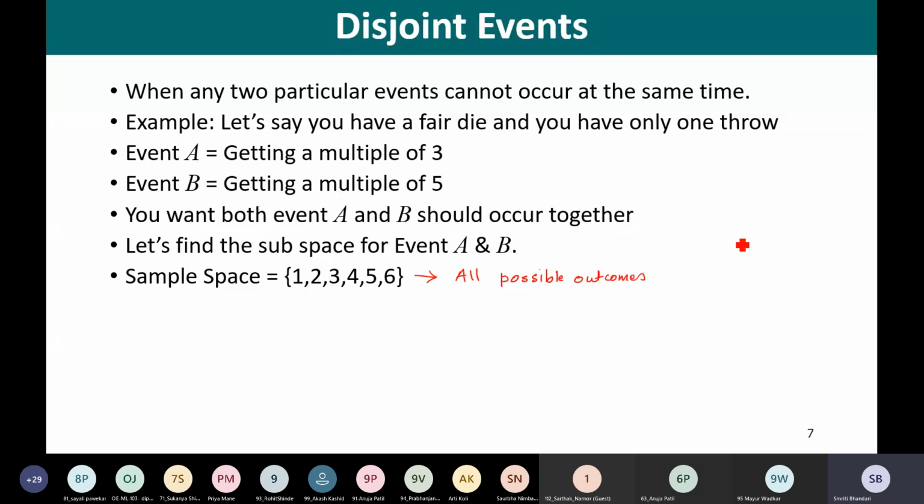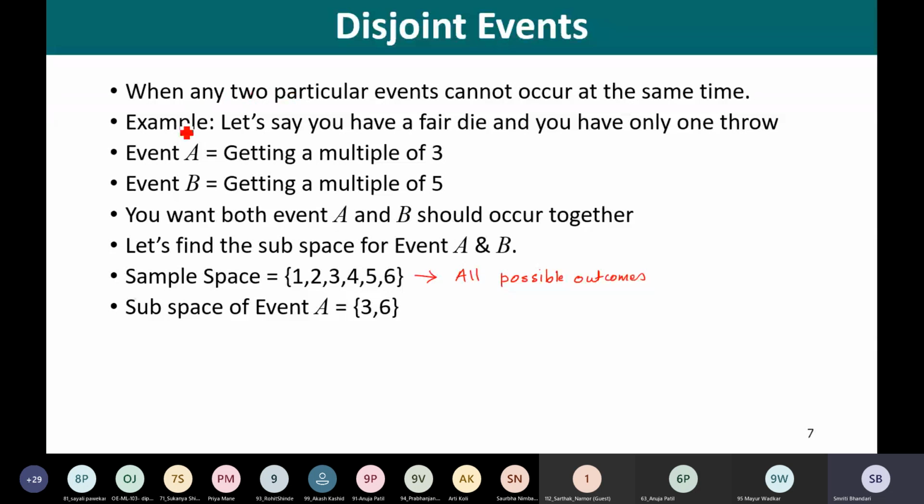Whenever we throw a fair die, the possible outcome would be either 1, 2, 3, 4, 5 or 6. Do you agree with me? So this is our actual sample space.